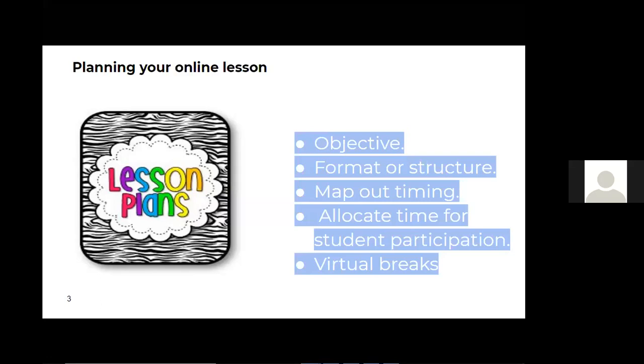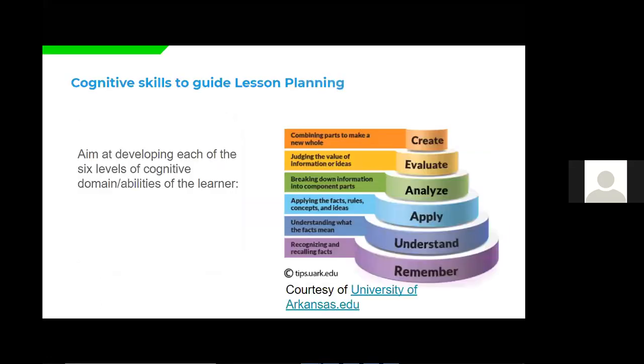Therefore, in your lesson plan, we also talked about the need to incorporate the Bloom's taxonomic skill levels. As you plan your lesson, the key inquiry questions that you'll be putting out should be aligned to the 6 cognitive skill levels.